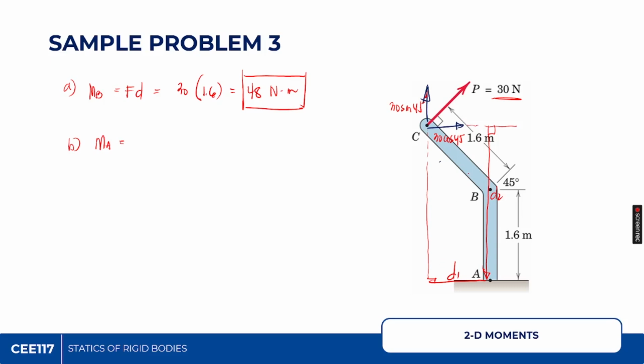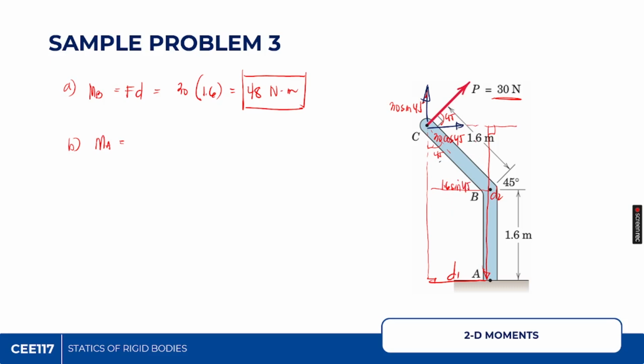For D1, since this is 45, and this is 1.6, if this is 45, this one is also 45. So we can solve for the value of here. This is basically equal to 1.6 sine 45. Ito class. Hindi yung D1 natin.